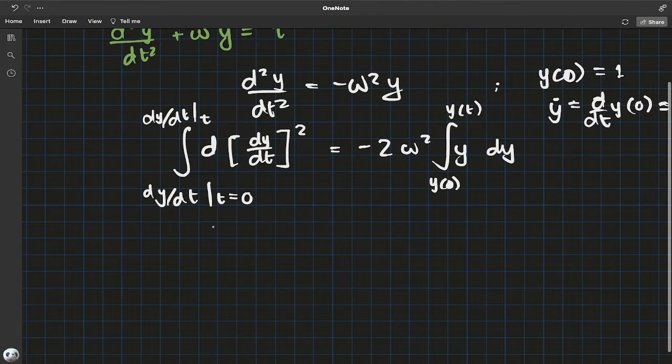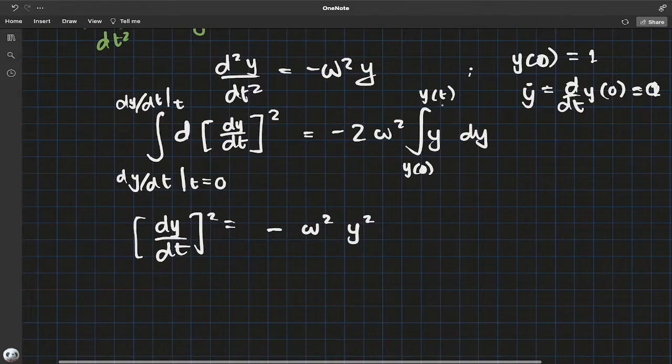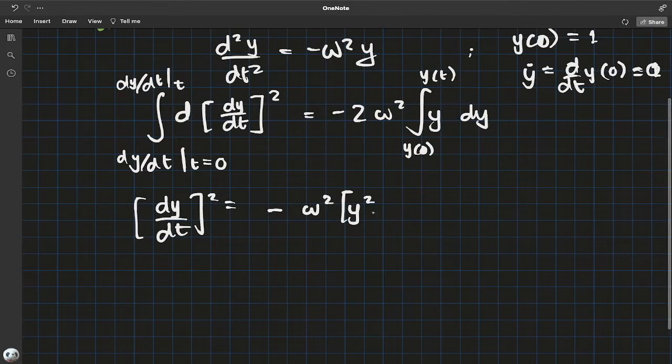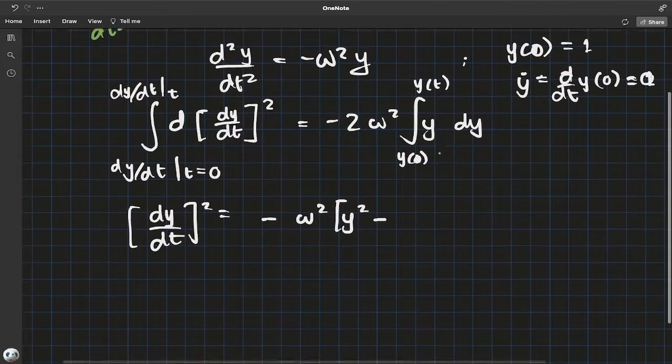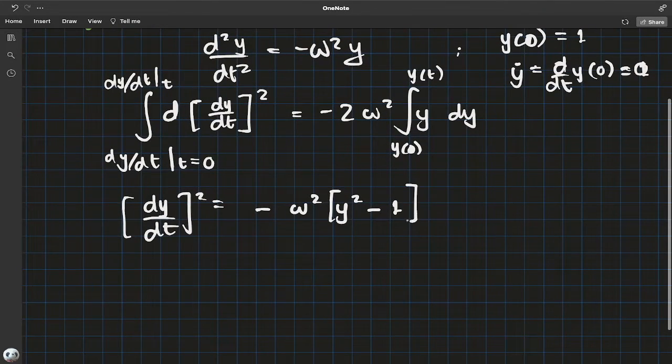Okay, and when I simplify, this guy will just become 0. So we have dy over dt squared equals negative omega squared times y squared at t, so that's just this, minus y of 0 squared, which is 1 squared, which is just this.